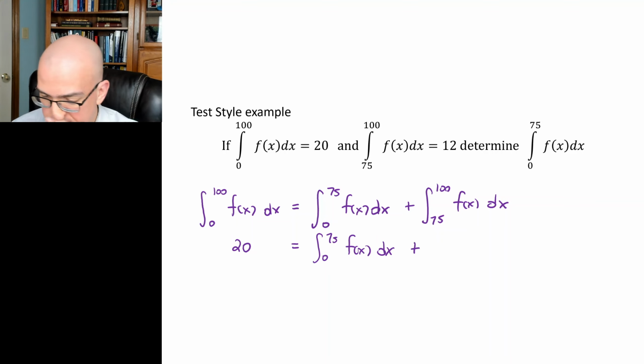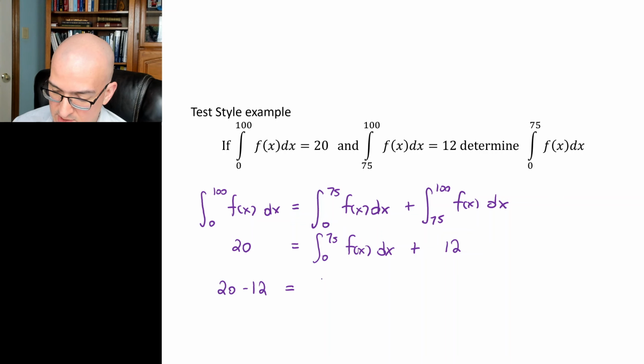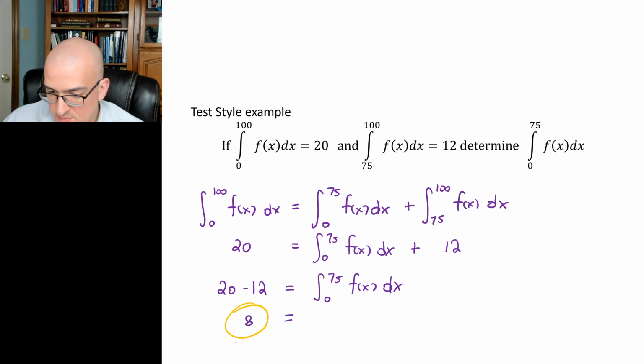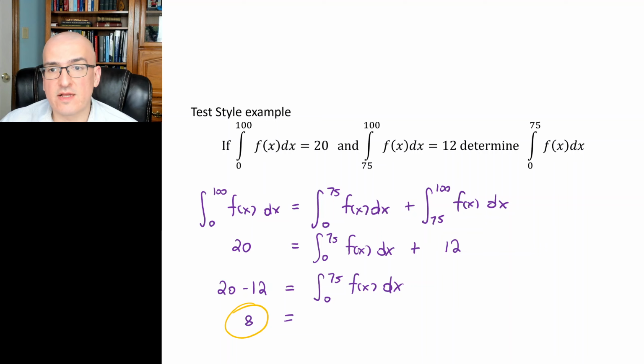And this third one, from 75 to 100, is 12. We can rearrange. So 20 minus 12 is equal to the integral from 0 to 75 of f of x dx. So the answer is 20 minus 12, 8. That's it. And yeah, this is the test style example.